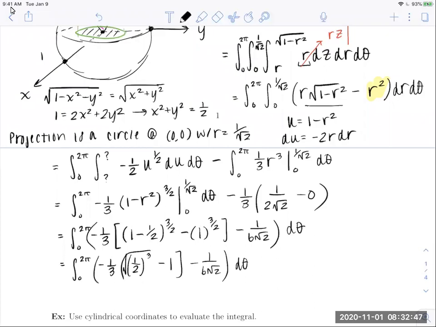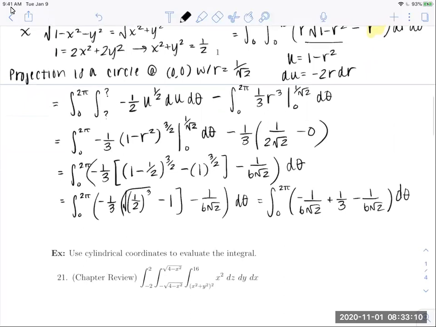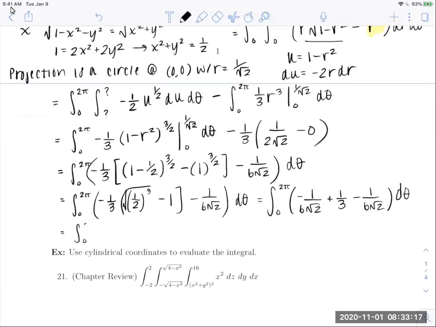The square root of 1/8 is 1 over 2 root 2. So I have a negative 1 over 6 root 2 plus 1/3 minus 1 over 6 root 2. Those combine to a negative 2 over 6 root 2, or a negative 1 over 3 root 2, and then of course plus 1/3.